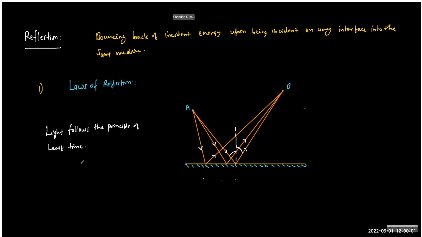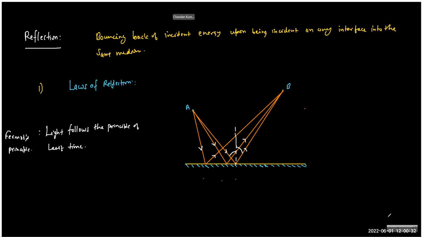So it will choose the path which will have the least time, and that's how this process becomes the law of reflection. So this is called Fermat's principle, and that is a core property of light. So using that property, every other property can be derived. The least time, Fermat. Okay.